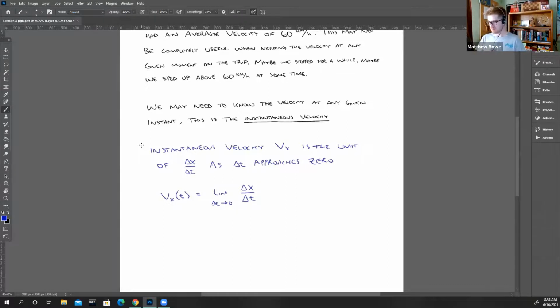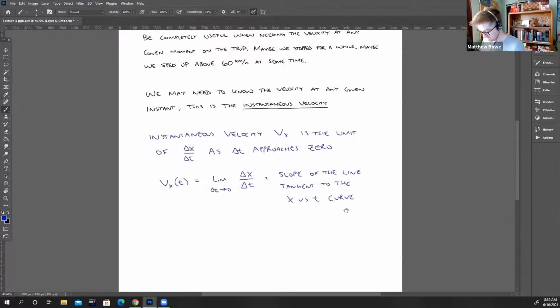You could think of it as the slope of the line tangent to the x versus t curve. What is that statement meaning?